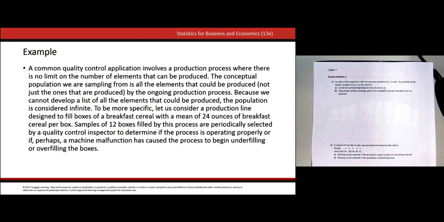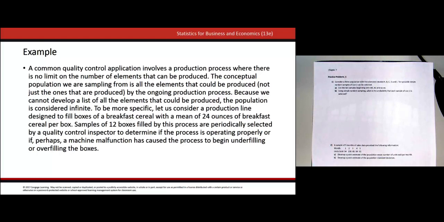Now let's look at this example. A common quality control application involves a production process where there is no limit on the number of elements that can be produced. For example, consider a production line designed to fill boxes of breakfast cereal with a mean of 24 ounces per box.